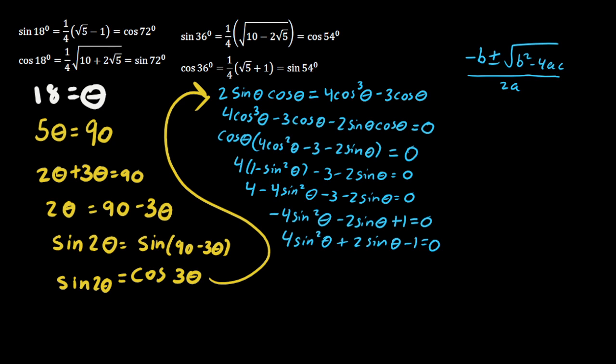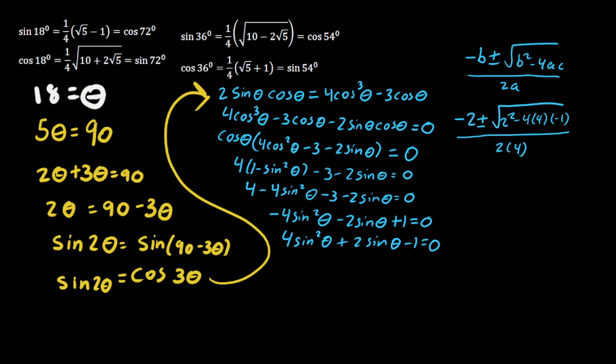So now I can write minus 2 plus or minus square root of 2 squared minus 4 multiplied by 4 multiplied by minus 1, divided by 2 times 4. And this all equals 0, of course, but that's more of an unspoken thing. We're just going to write it as is, as an expression.